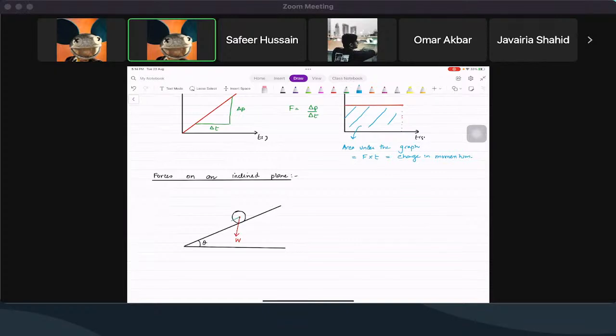One will always be down the slope and one perpendicular to the slope. So this is weight's perpendicular component, and this is weight's down the slope component. Is it clear, everybody?